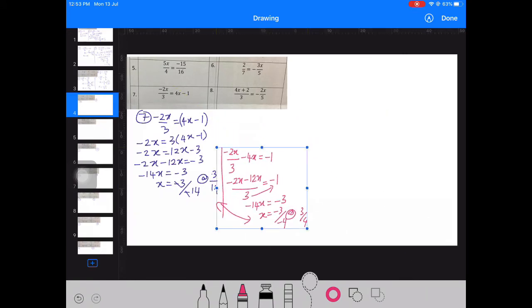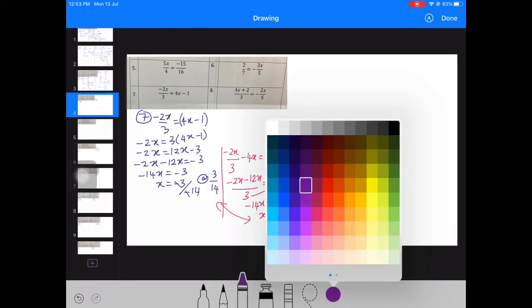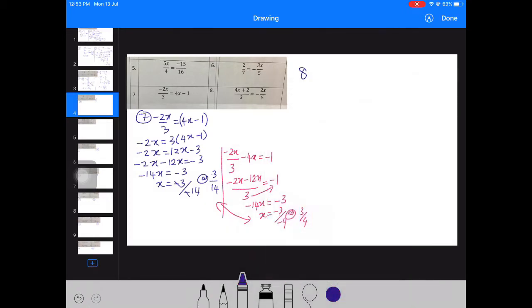Alright, so let's solve number 8. Okay, number 8, we have 4x plus 2 over 3 equals to negative 2x over 5.